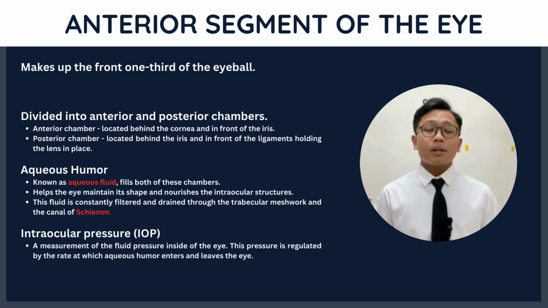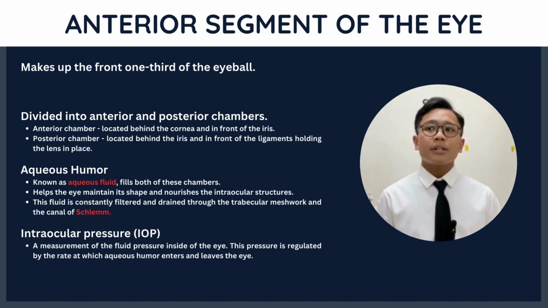Next, let's learn about the anterior segment of the eye, which makes up the front 1/3 of the eyeball. It is divided into anterior and posterior chambers. The anterior chamber is located behind the cornea and in front of the iris. Meanwhile, the posterior chamber is located behind the iris and in front of the ligaments holding the lens in place.